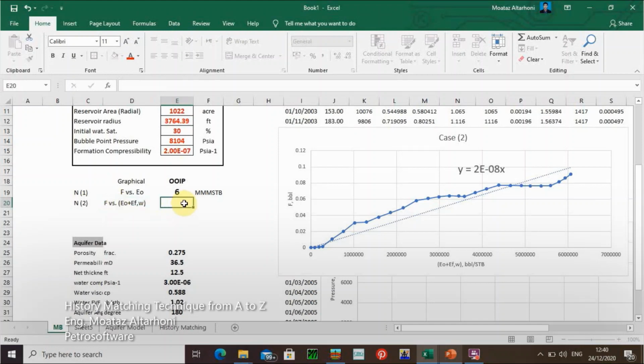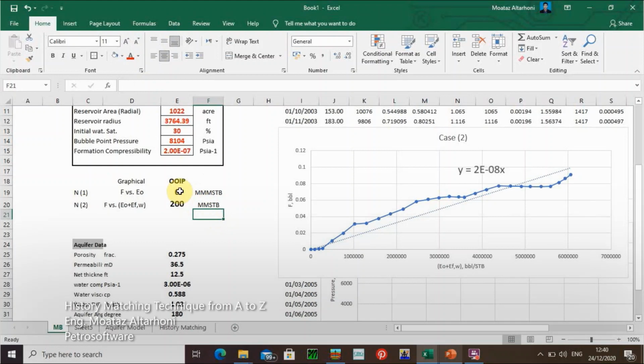The question right now is why this number is equal to 200 million. It decreased. A huge volume, a huge difference between these two volumes.